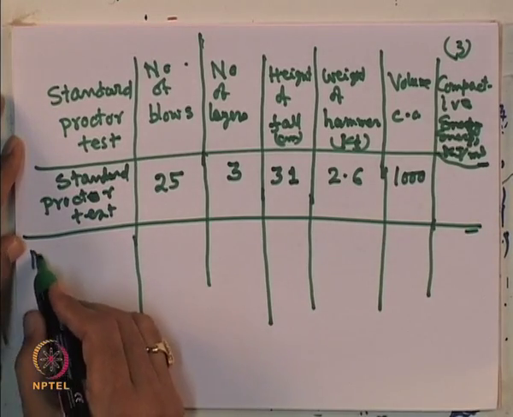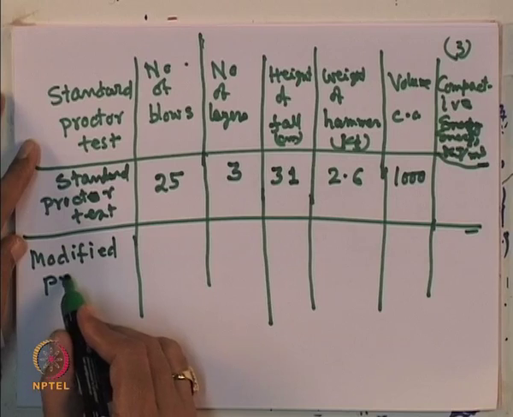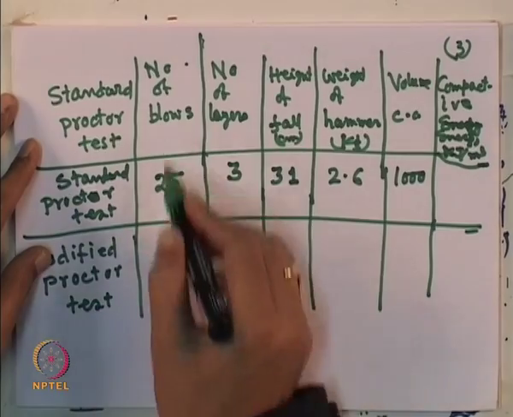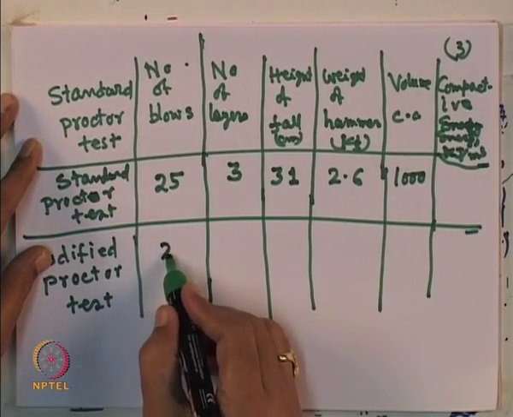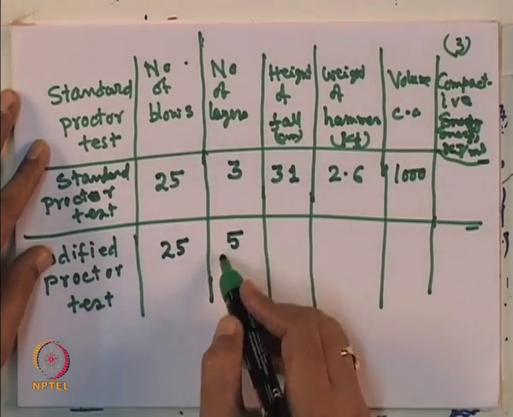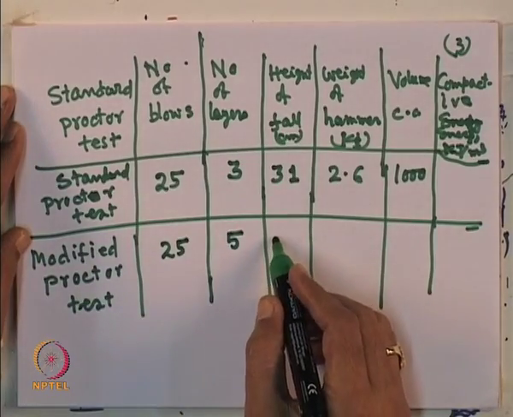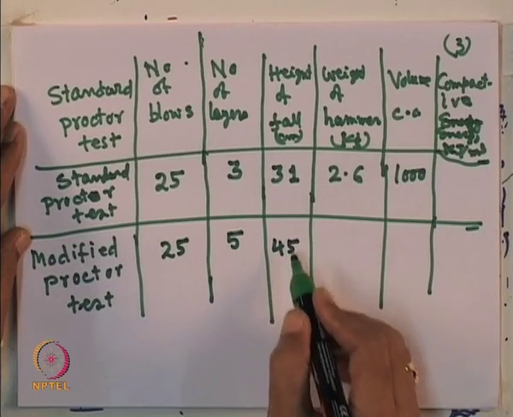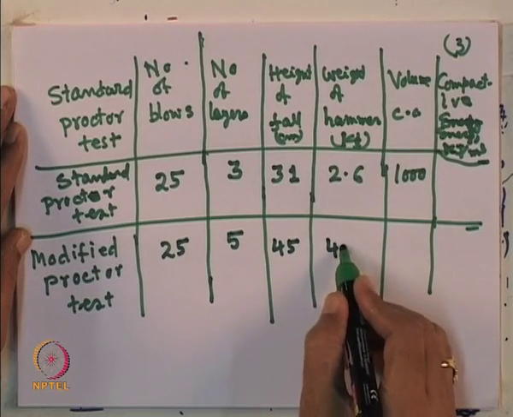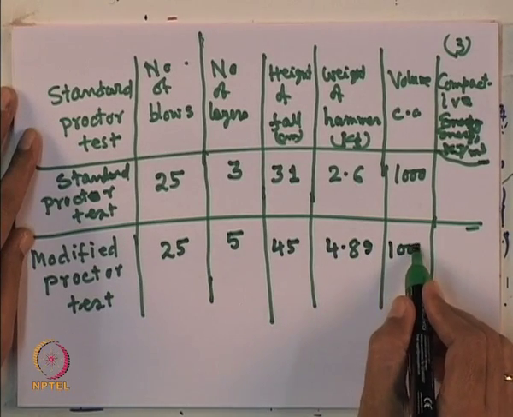Similarly, for the modified Proctor test, the number of blows is the same, that is 25, but the number of layers will be 5 instead of 3 in case of the modified Proctor test. And the height of the fall is about 45 centimeter and the weight of the hammer is 4.89 kg and the volume is the same, that is 1000 cc.